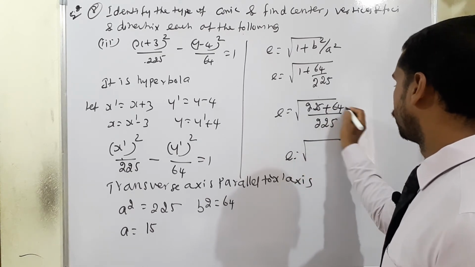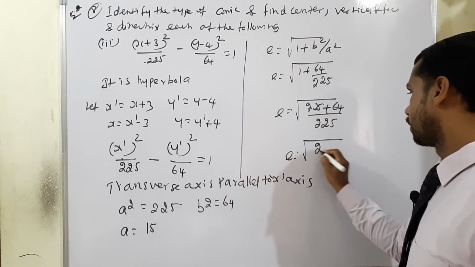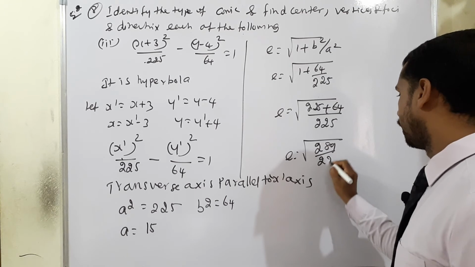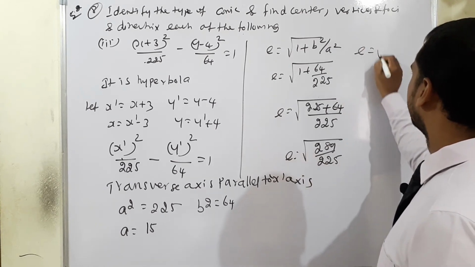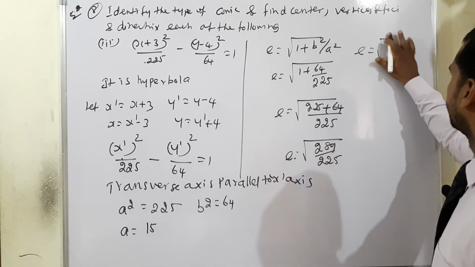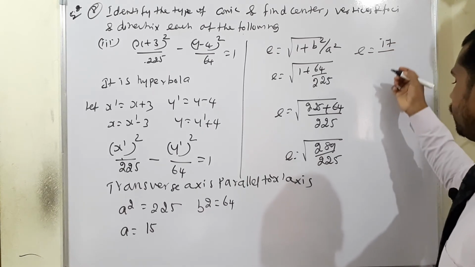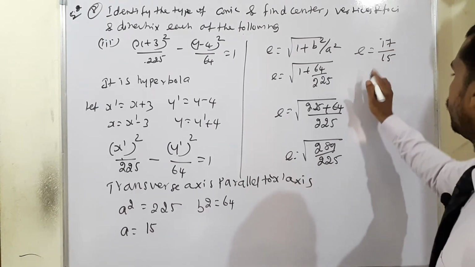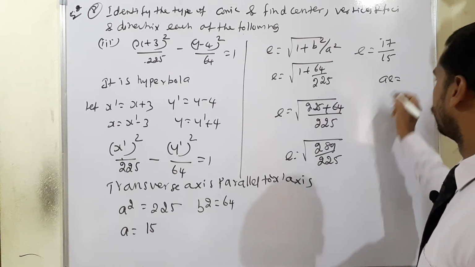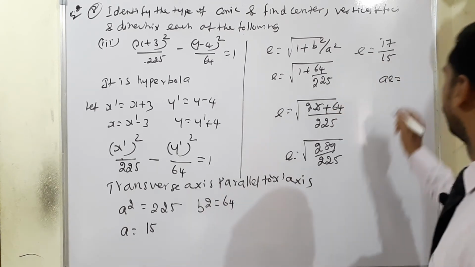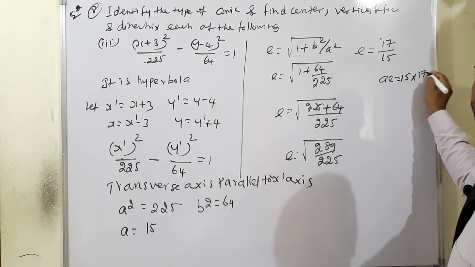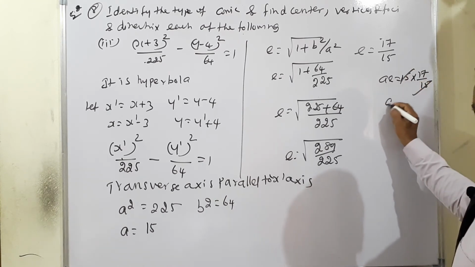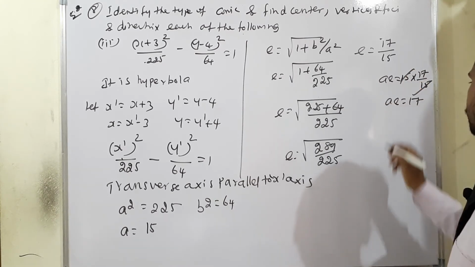Therefore e is equal to the square root of 289 divided by 225, which is 17 by 15, since 289 is 17 squared and 225 is 15 squared. Now after getting the e value, first ae: 15 into 17 by 15, the 15 cancels, so ae is equal to 17.